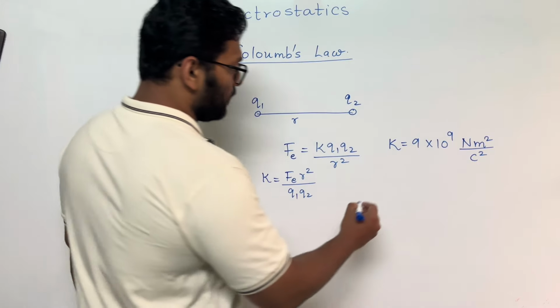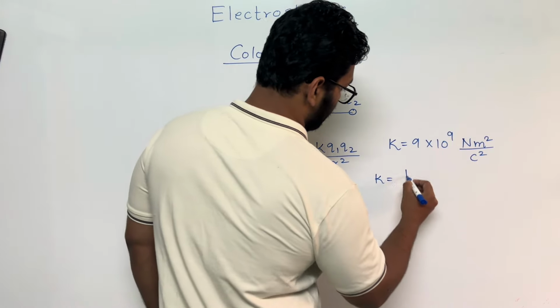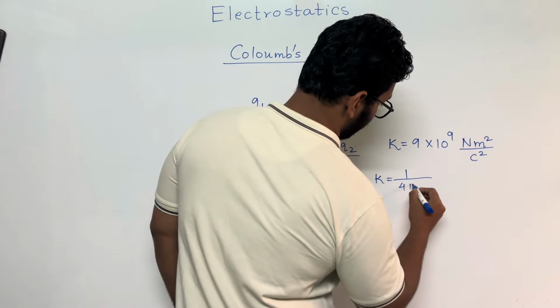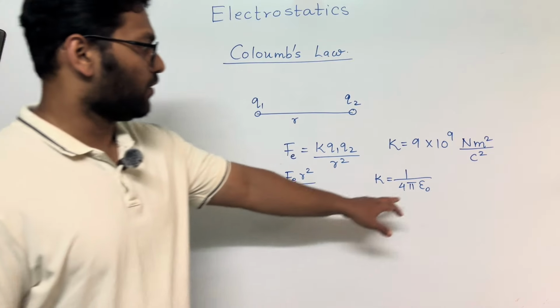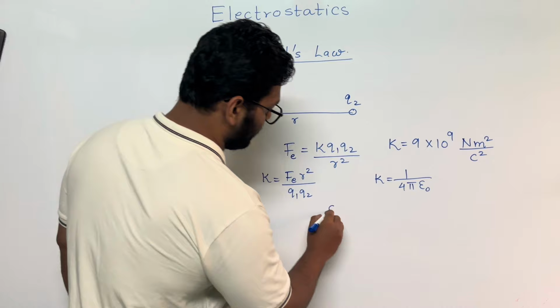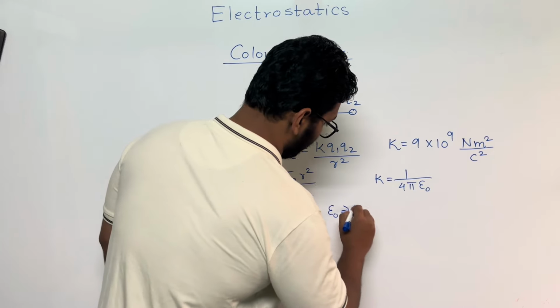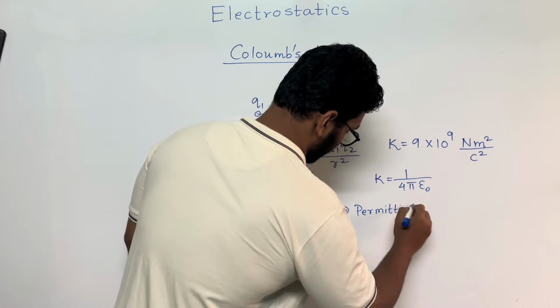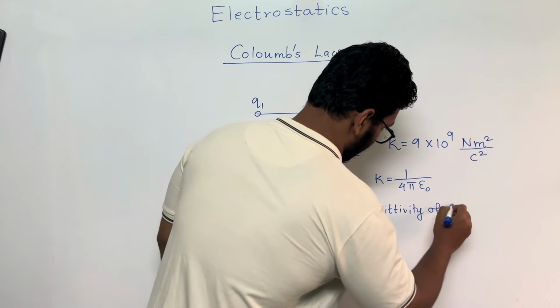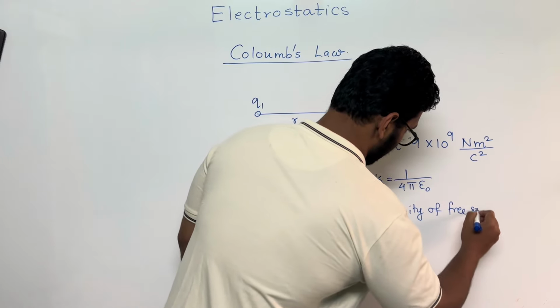Now what is the value of k in terms of another constant? It is 1 upon 4 pi epsilon naught. Epsilon naught is defined as the permittivity of free space, or you can say permittivity of vacuum.